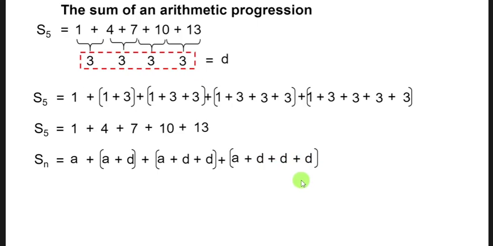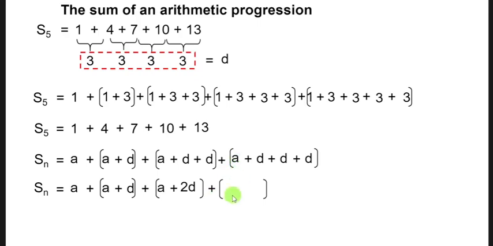So now you will notice that if we add, the first term is here, then this one is the second term, then plus, this one we put open brackets A, then here we can add D plus D, which will give us 2D, then plus, we'll have A, again plus D plus D plus D, which will give us 3D.